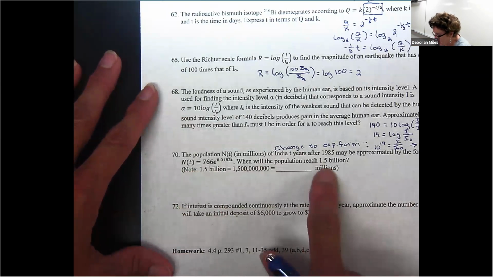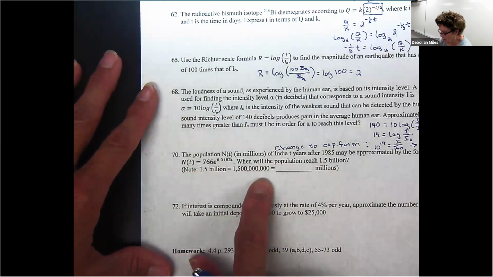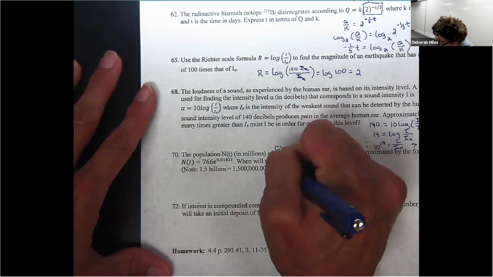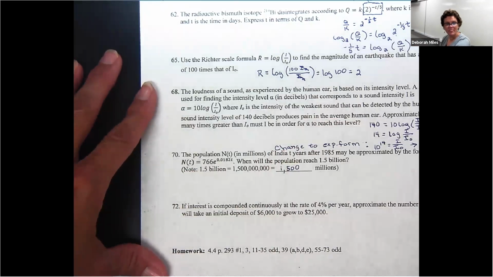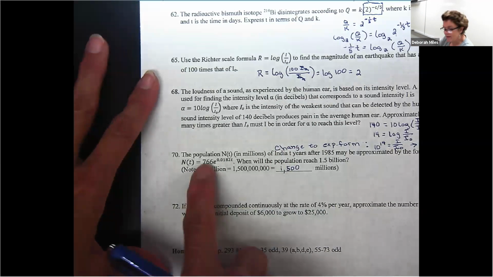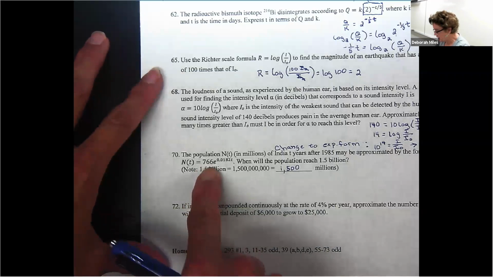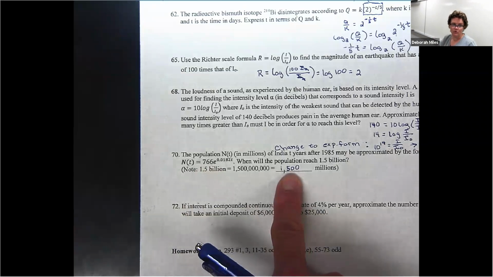And if you want to know how many millions that is, just divide that by a million. Or cover up 6 of the zeros. 1.5 billion is 1,500 millions. So since 766 is in millions, I'm going to have to write this 1.5 billion in millions.